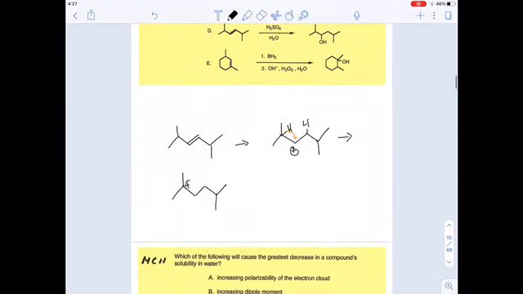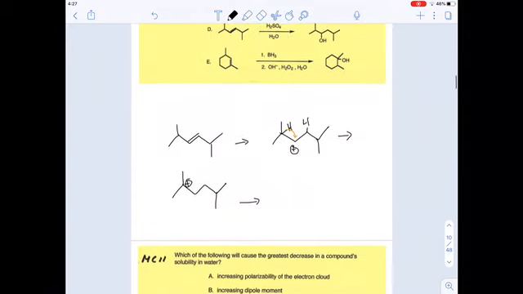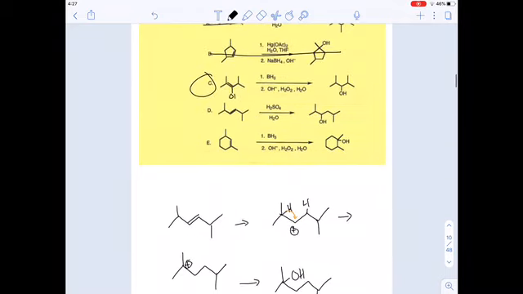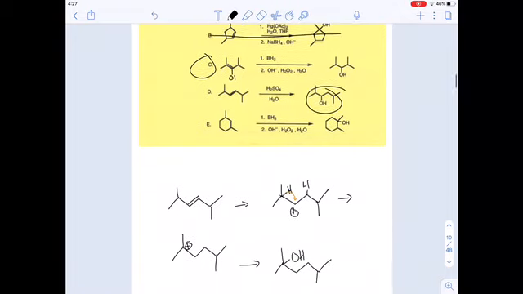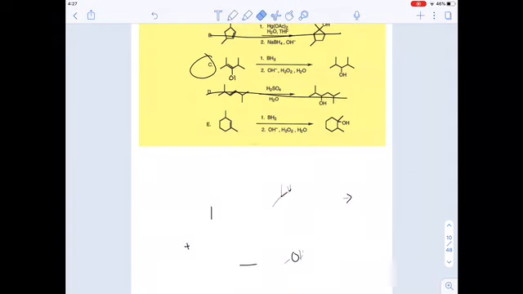And then you're going to have this as your new carbocation, and then the OH is going to add there, giving you this as a product. However, that's not what we see in our picture. We have the OH as if we did an oxymerc reaction, which we didn't. So D is incorrect.